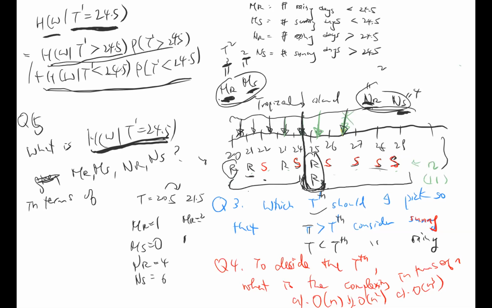MS stays the same because the new day is not rainy. For NR and NS, because this one is rainy, NR is minus 1, so NR is equal to 3, and NS is equal to 6. I can do this so on and so forth.